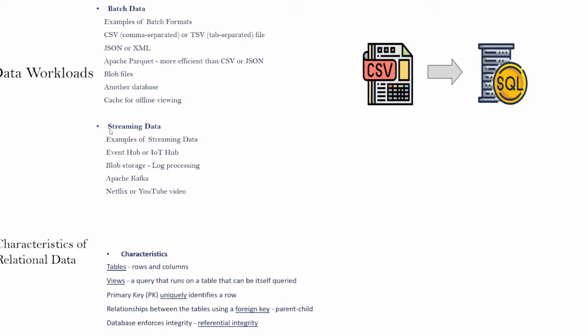And second, we have streaming data, when the data processing is happening in real time. So once data is created, immediately it will be sent to get stored in the database. Before going to the main example, I would take the example of Netflix and YouTube videos.